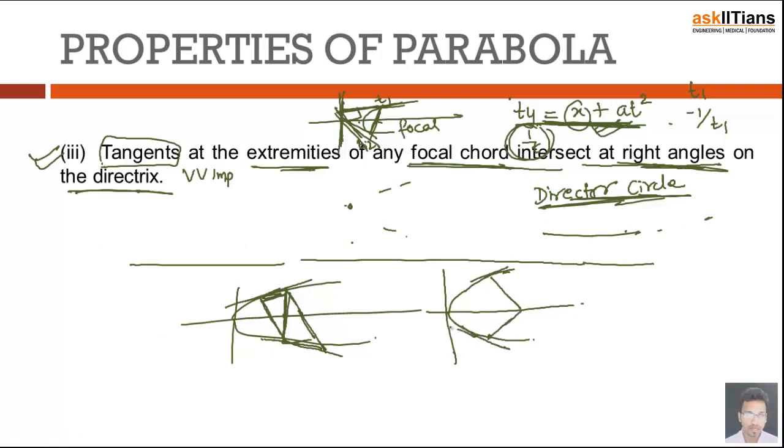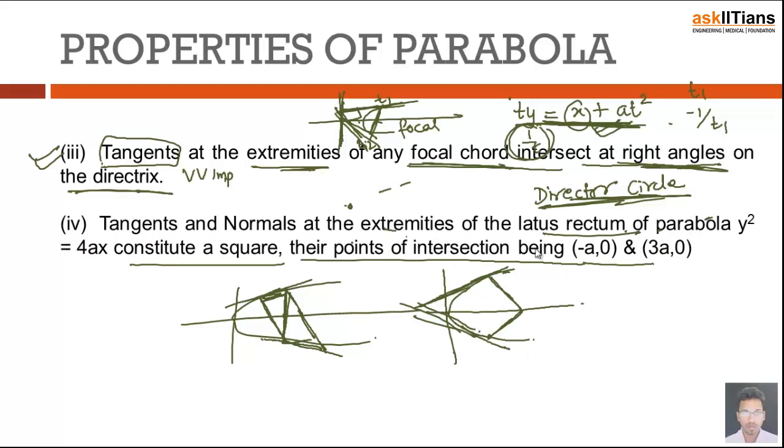If we make them intersect and form a square from this, although it's still not looking like one, you will get a square which will intersect at (-a, 0), somewhere here on the x-axis, and (3a, 0) will be here.